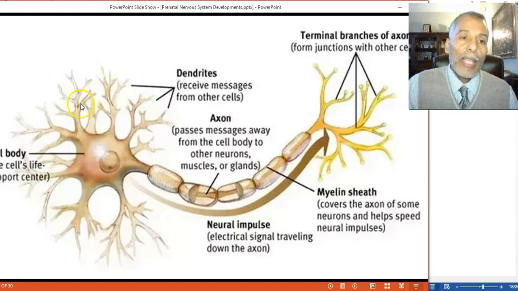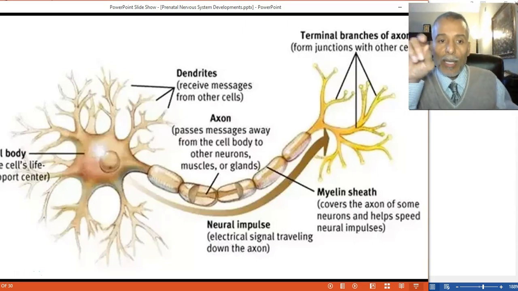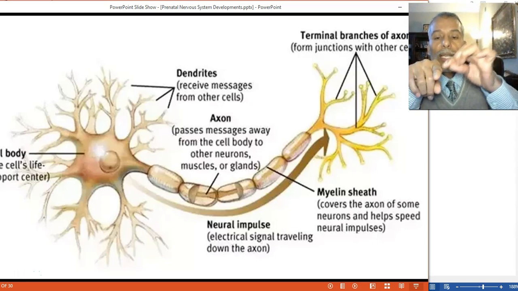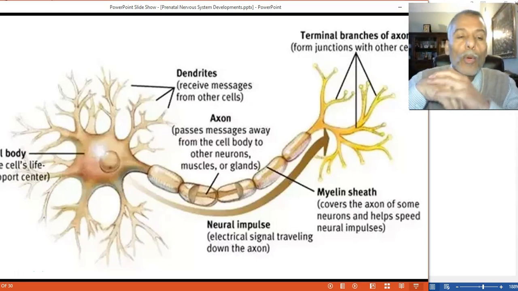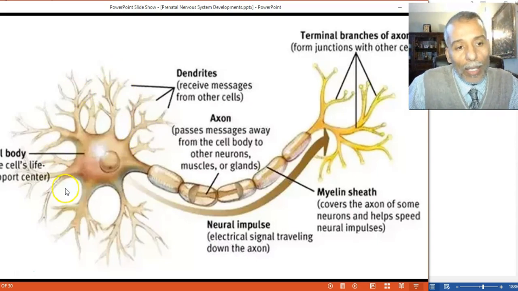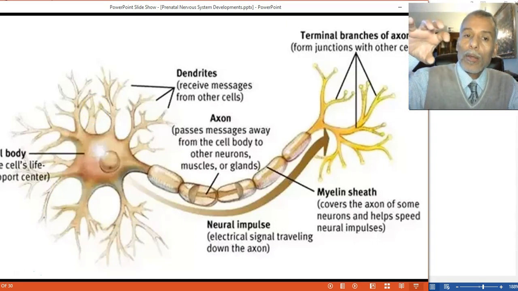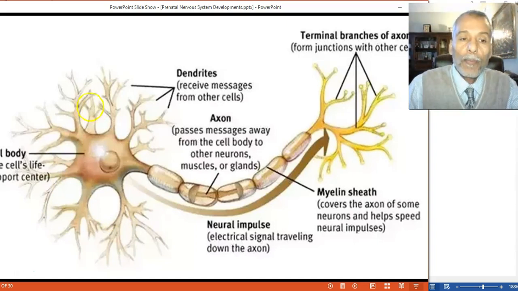Even the dendrite itself has important structures, like little buds, called dendritic spines. These dendritic spines are the sites for connections with other neurons. What I wanted to say here is that the dendrites are the primary target for connecting with other neurons.